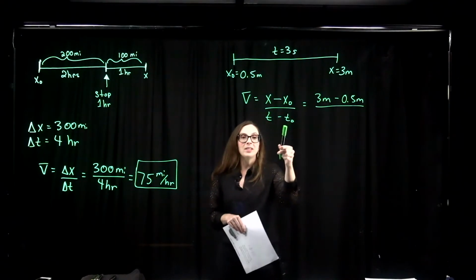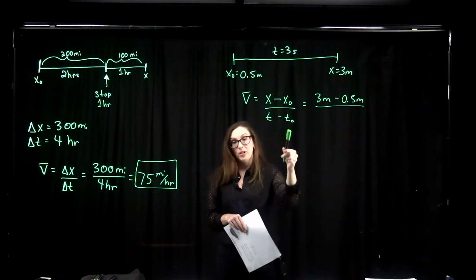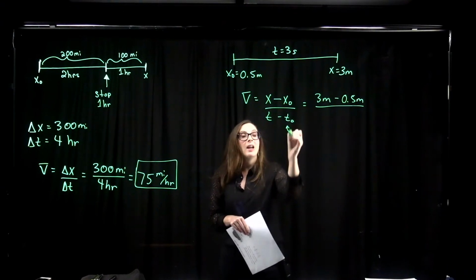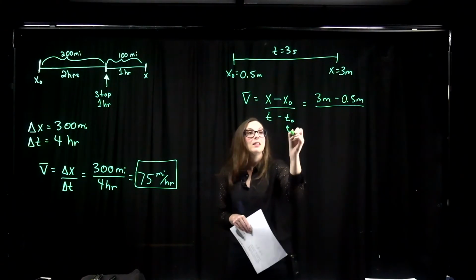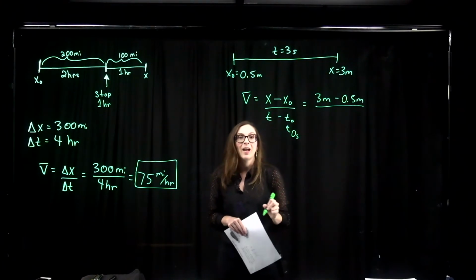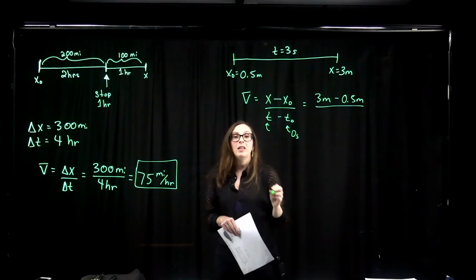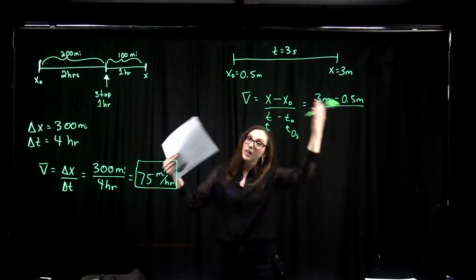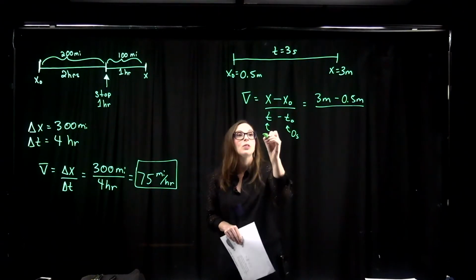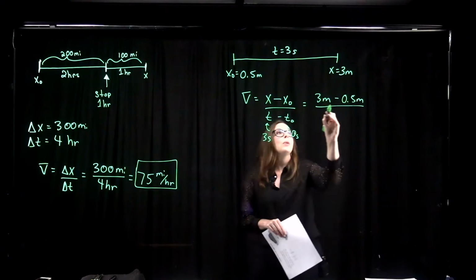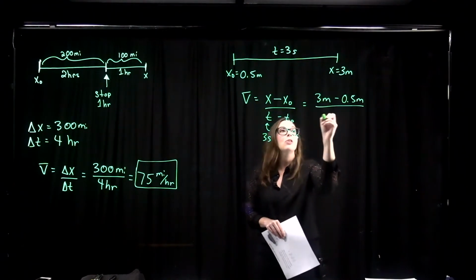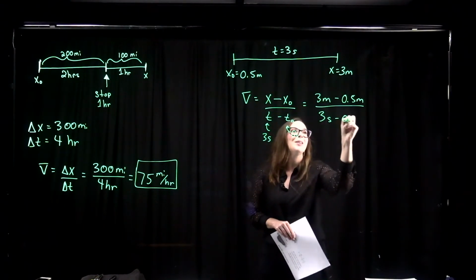I can always set t0 to be whatever time I want, so I'm just going to say that at the beginning of my journey, time was 0 seconds. And so then the final time would be the total time it took me to take my trip, which was 3 seconds. So I've got 3 meters minus 0.5 meters over 3 seconds minus 0 seconds.